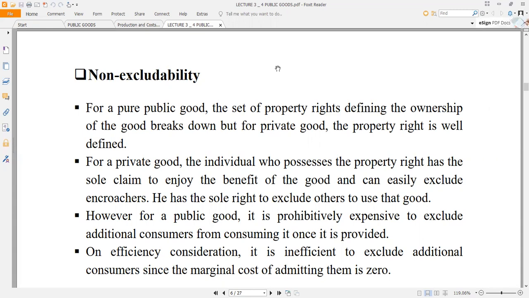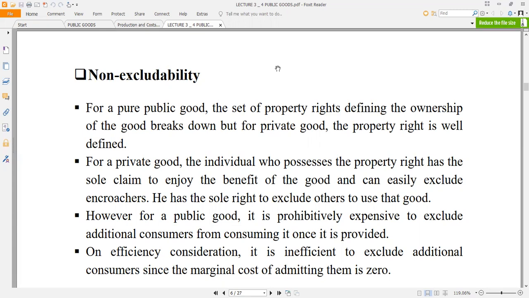The reason why you cannot prevent people from enjoying it is that it is very difficult, very expensive to do that. The cost that you have to incur in preventing people from enjoying it will be more than if you just leave those people to enjoy the good.